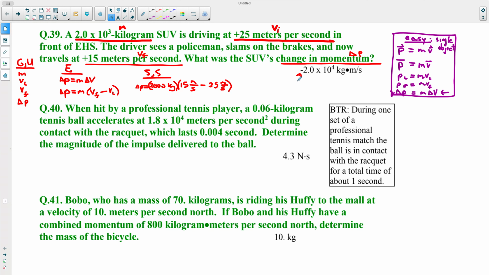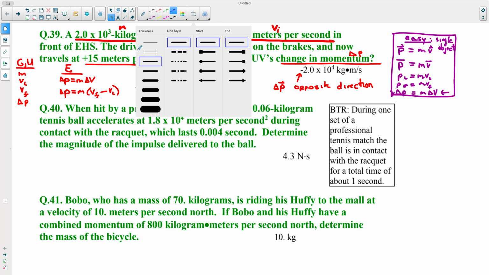That negative does matter. What that's telling you is that the change in momentum, which is a vector, is in the opposite direction of the motion. So the motion was in the positive direction. The change in momentum is in the opposite direction. And you may say, well, who cares? Who's keeping track of change in momentum?